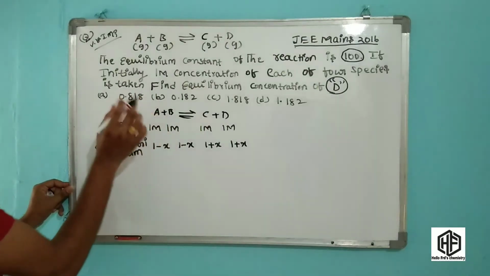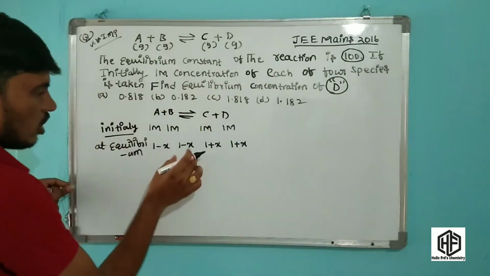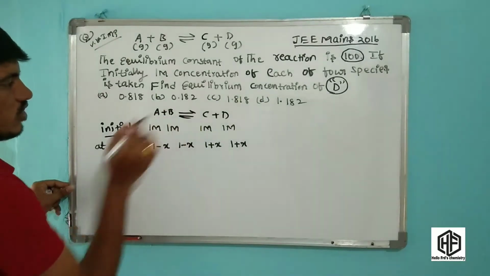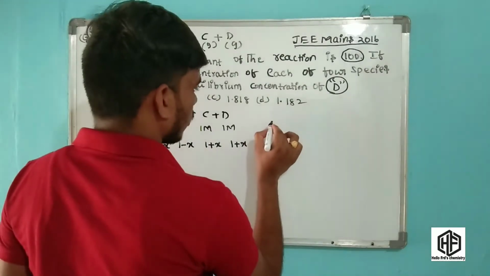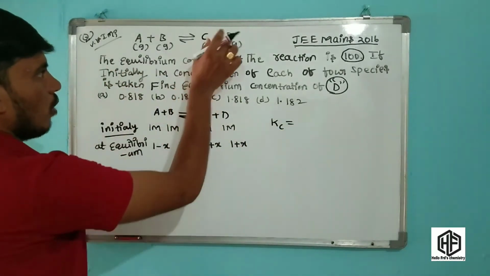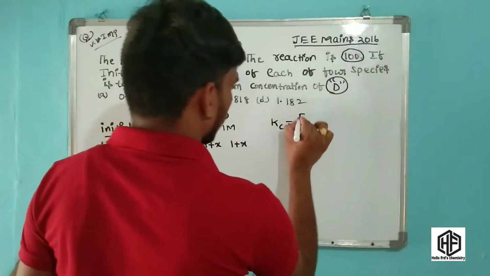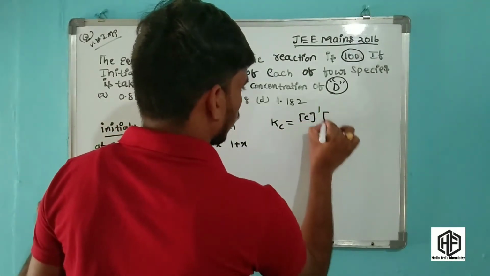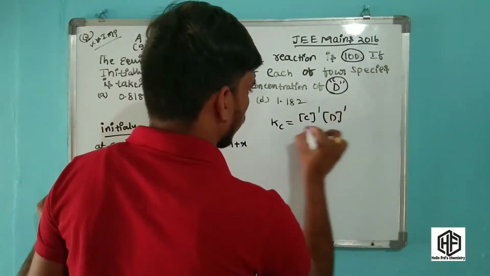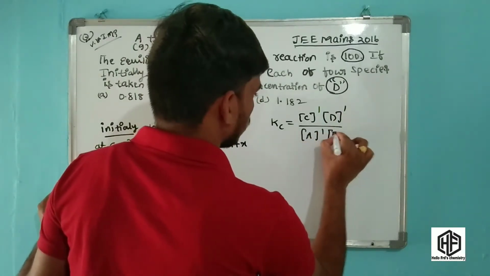Now the question says the equilibrium constant is 100. What is the equilibrium constant of this reaction? Friends, the equilibrium constant Kc equals active mass of products by active mass of reactants. It means concentration of C raised to the power of 1 and D raised to the power of 1, by A raised to the power of 1 and B raised to the power of 1.